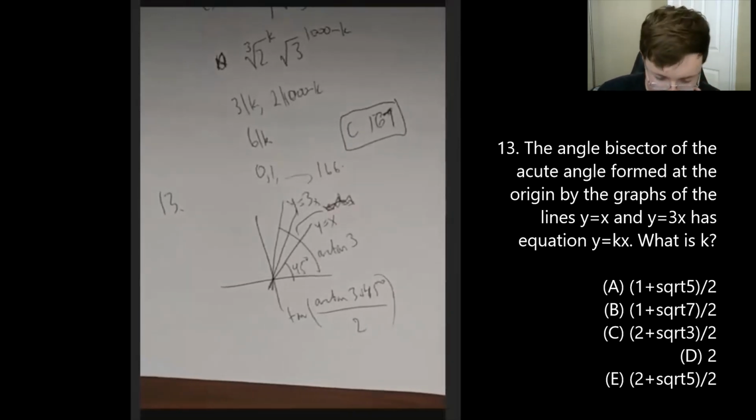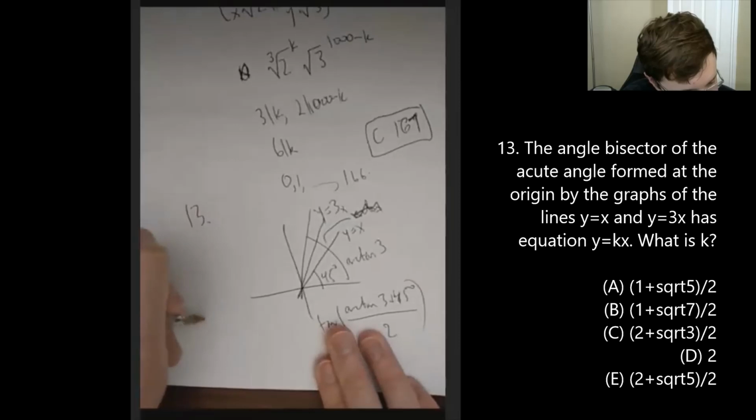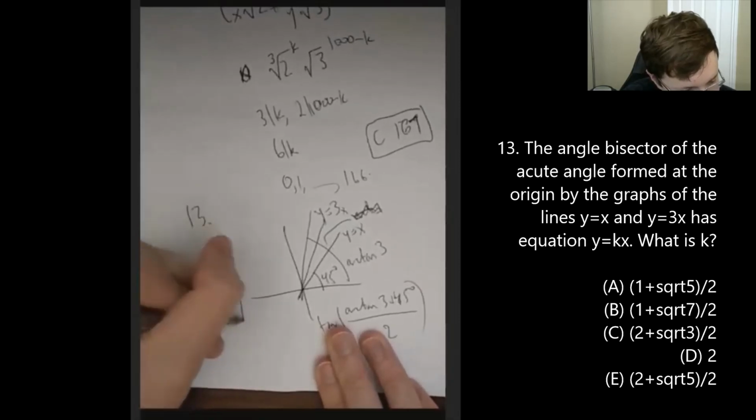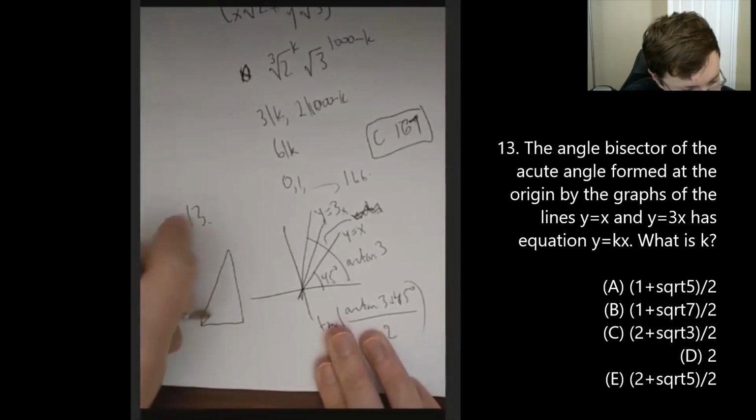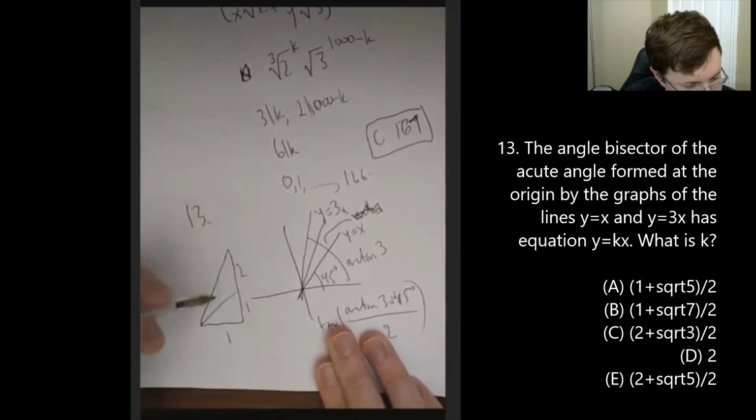Use geometry. Okay. Do I have to? Oh gosh. Okay. So I guess you do something like, okay. So I've got 1 here, and then this is 1, and this is 2.